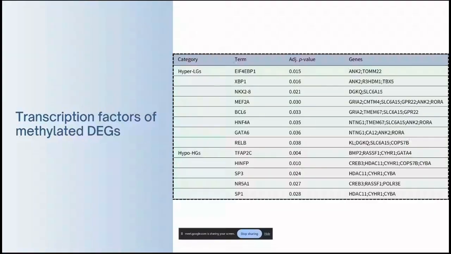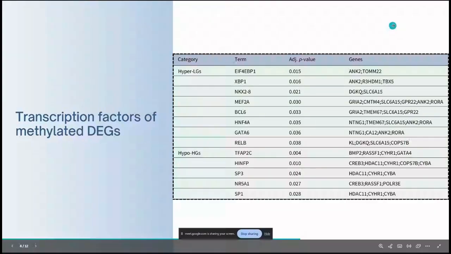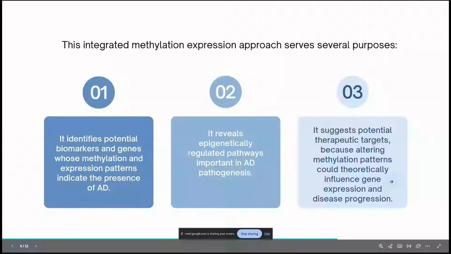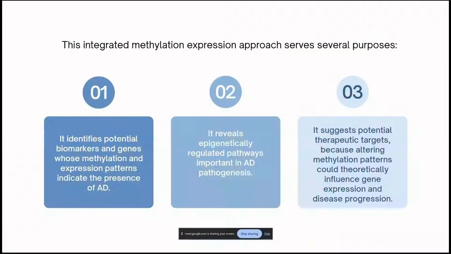These genes are hypomethylated and upregulated. This suggests increased transcriptional activity in certain regulatory pathways. This may contribute to altered signaling, cellular stress response, or neurodegenerative mechanisms in Alzheimer's disease. So these transcription factors could serve as upstream regulators and might offer targets for further investigation in Alzheimer's disease.